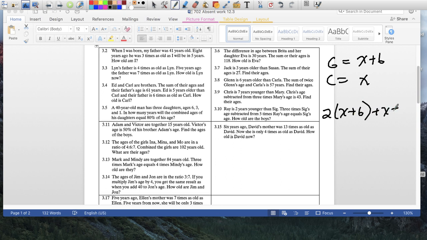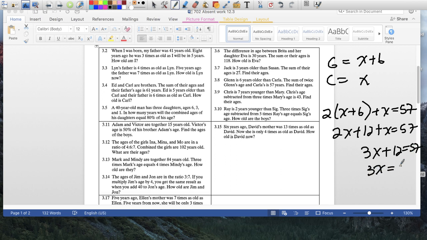Plus Carla equals 57. Okay, so 2x plus 12 plus x equals 57. You get 3x plus 12 equals 57. 3x equals, subtract 12 from each side, you get 45. X equals 15, and you can figure out the rest, 15 and 21.